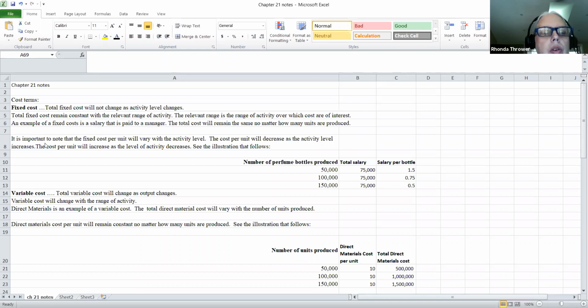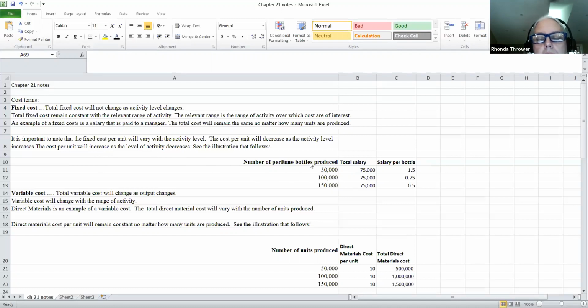And it's important to note that the fixed cost per unit, let me emphasize to you, per unit, will change, or it will vary with the activity level or the number of units produced. The cost per unit will decrease as the activity level increases, or the cost per unit will increase as the level of activity decreases.